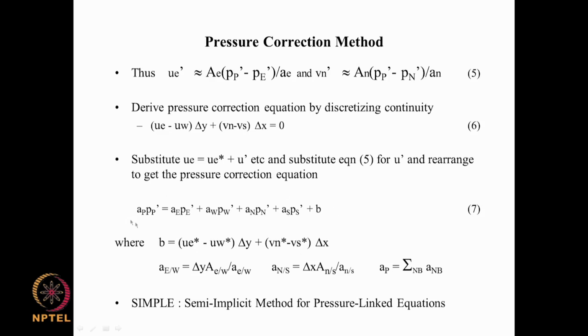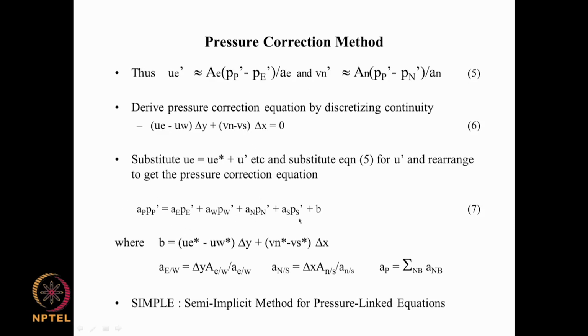So if you look at this equation here, b is known, and the coefficients a n, a s, a w, a capital E can be determined as part of the discretization.